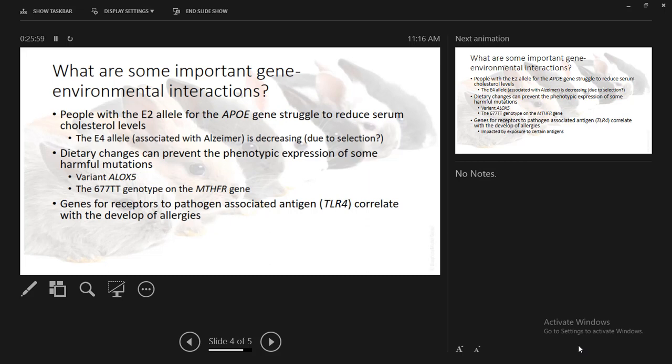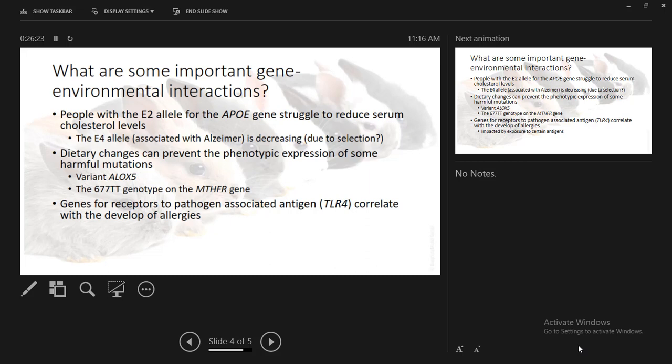And so what we find is that there are very specific mutations in some of these receptors. For example, TLR4. There's a very specific mutation in this that makes this receptor significantly more likely to bind something it should not bind, like pollen or pet dander.